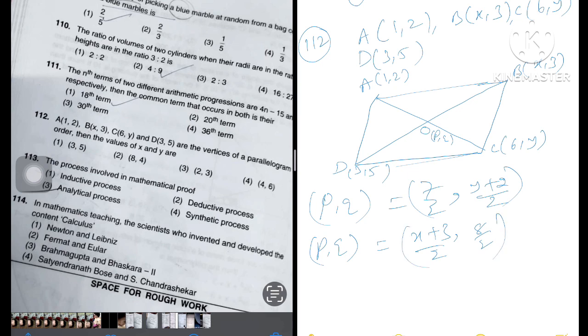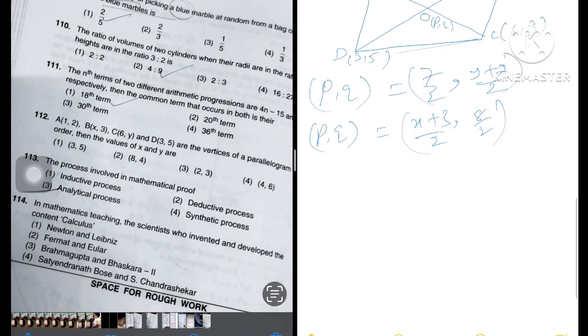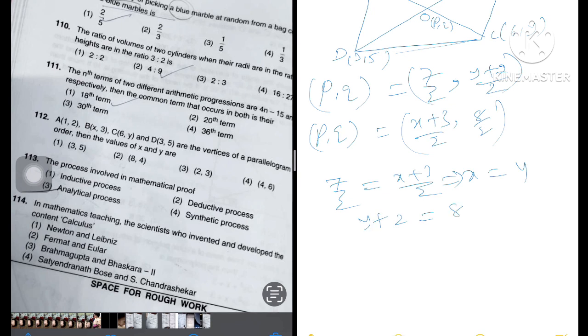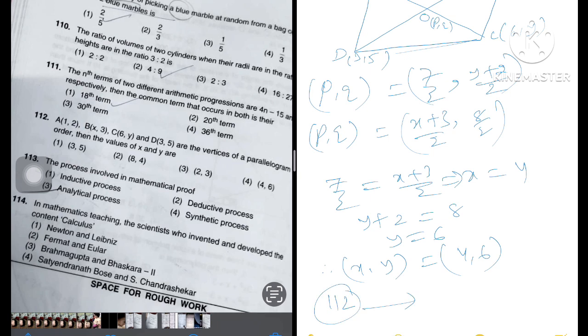Now equating these two, what will you get? 7 by 2 is equal to x plus 3 by 2, that is nothing but x is equal to 4, and y plus 2 is equal to 8, y is equal to 6. So the value of x and y is 4 comma 6.